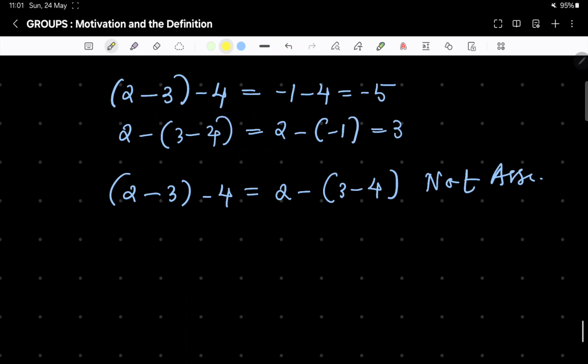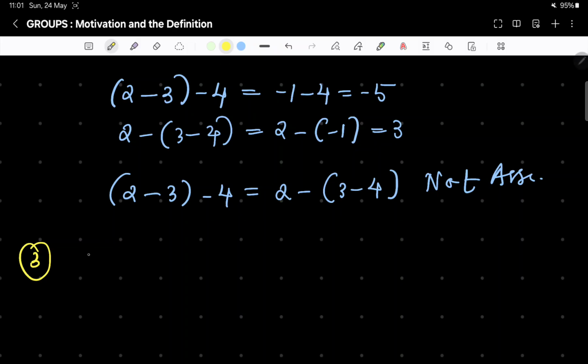Now let's check identity. You may not have an identity in a particular set under some operations.